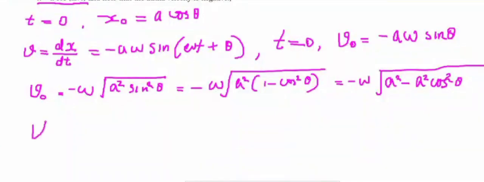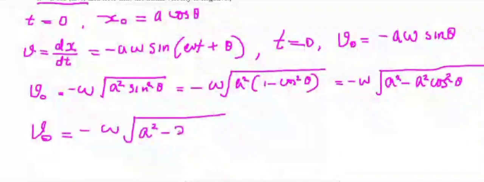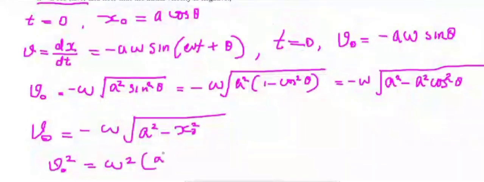Therefore, v0 is equal to minus omega into under root a square minus a cos theta, which is x0, so x0 square. Now you can square this equation. When you square this equation, you will get v0 square is equal to omega square into a square minus x0 square.